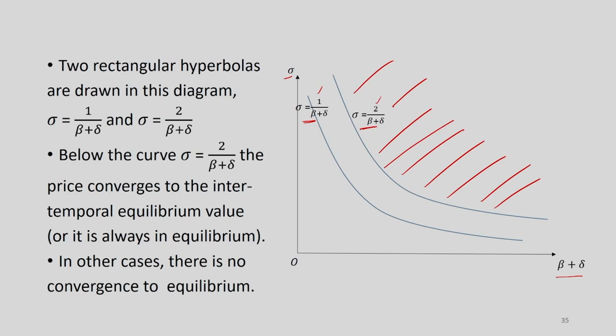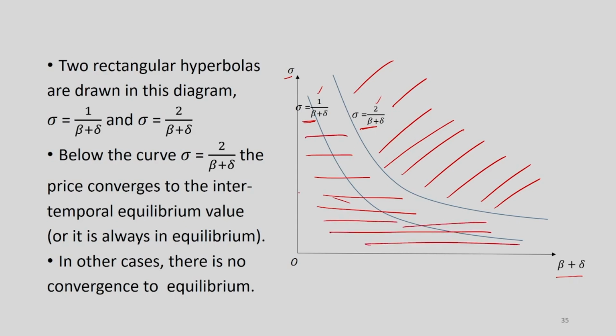Below the curve sigma is equal to 2 divided by beta plus delta, the price converges to the intertemporal equilibrium value. What was the intertemporal equilibrium value? It was P star, the particular integral. So, if we are picking up points from here, that is below the upper rectangular hyperbola, then we are in that region of parameters where there is stability.